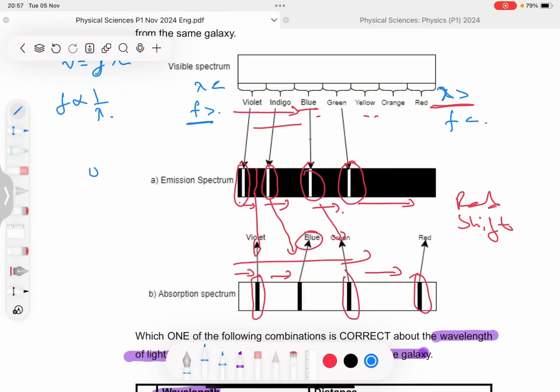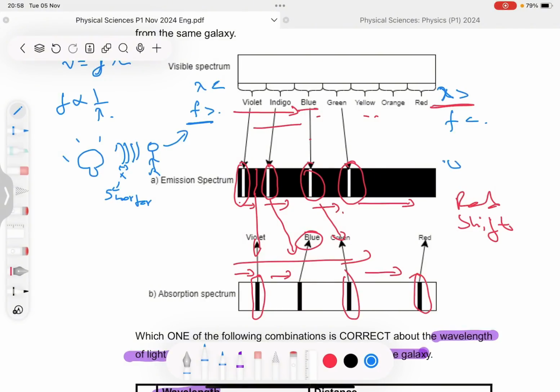If, for example, you have a bulb here and you are closer to the bulb, the frequency would be big because the wavelength, your lambda, is short. So we expect the frequency to be higher.